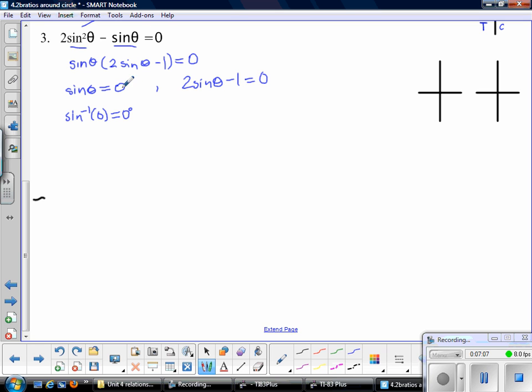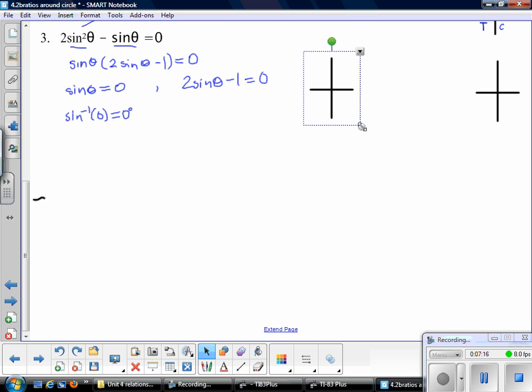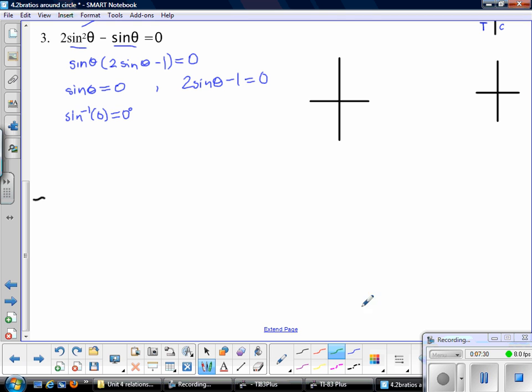This is the number 0 because it's a ratio. If I look at my grid here, what that means is it's located right at the initial arm. That's where 0 is.